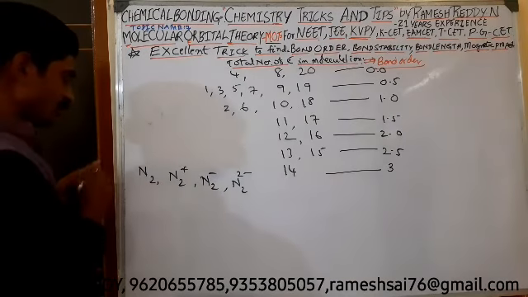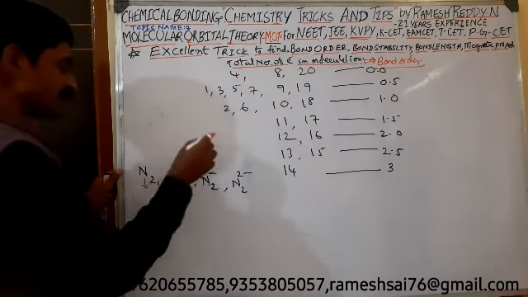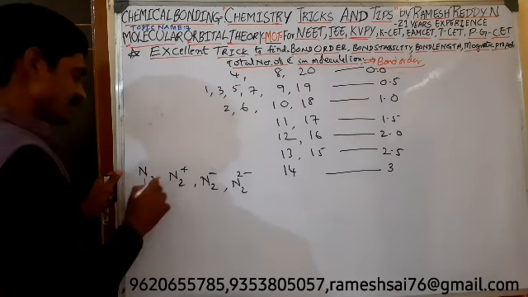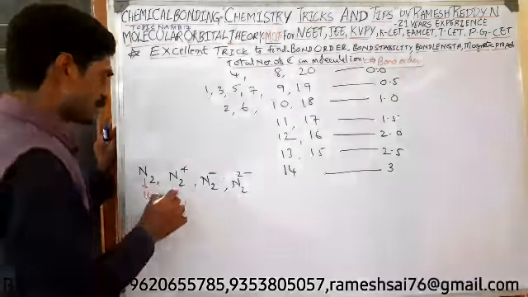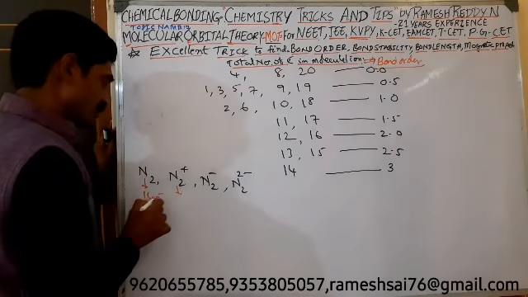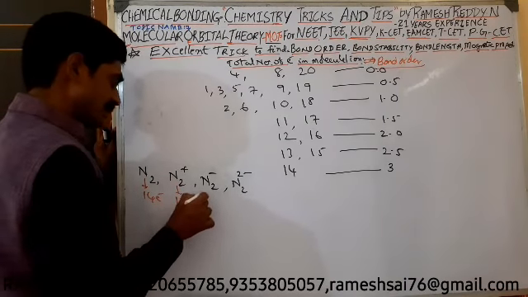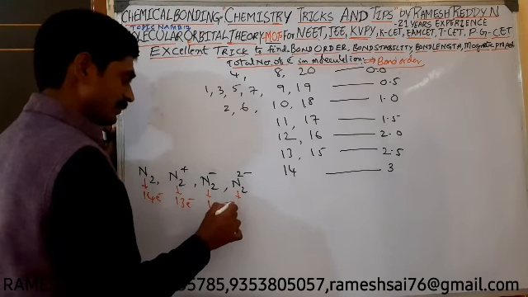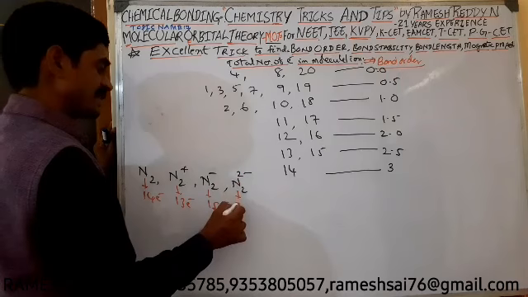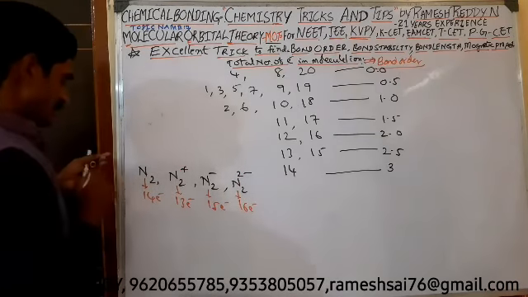First of all, you have to know the number of electrons. Here N2 has 14 electrons. One nitrogen has 7 electrons, and 2 nitrogens are combined, so 14 electrons. N2 plus means 14 minus 1, that is 13 electrons. Here 15 electrons, and here 16 electrons, right?